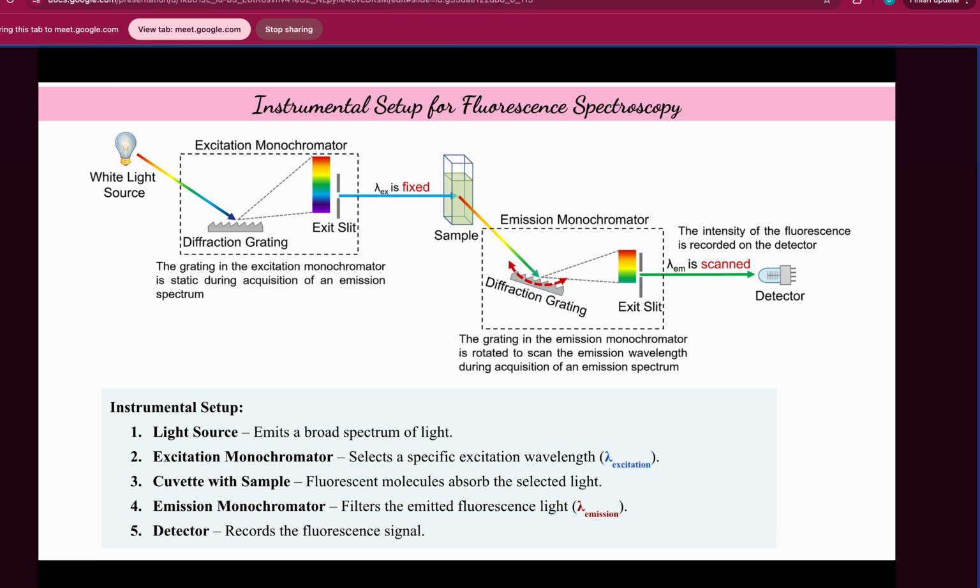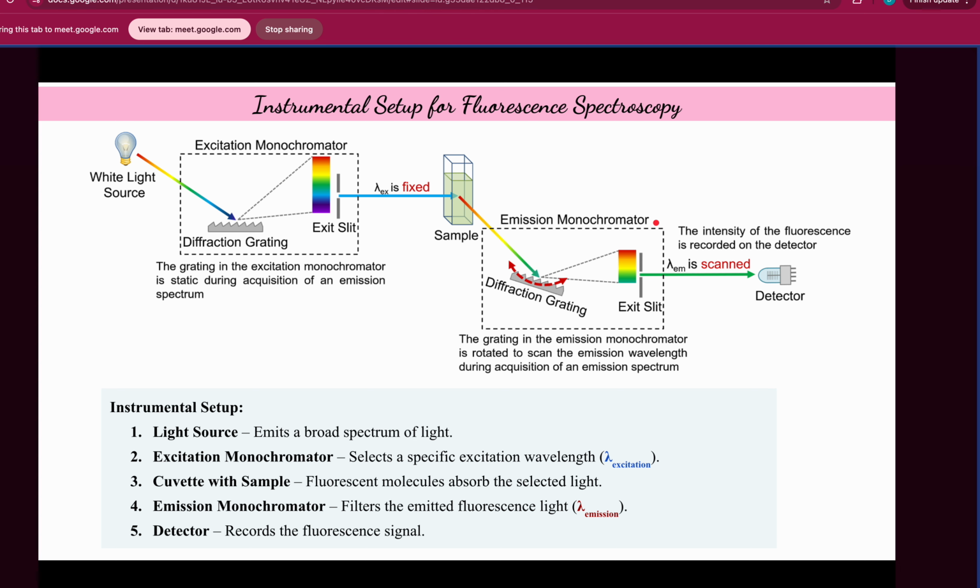Now we will talk about the instrumental setup for fluorescence spectroscopy. Firstly, we have a light source, then we have the excitation monochromator, we have our sample, and after the sample, we have the emission monochromator. The excitation monochromator only allows a fixed wavelength of light to pass through the sample. The sample absorbs the light and then emits light.